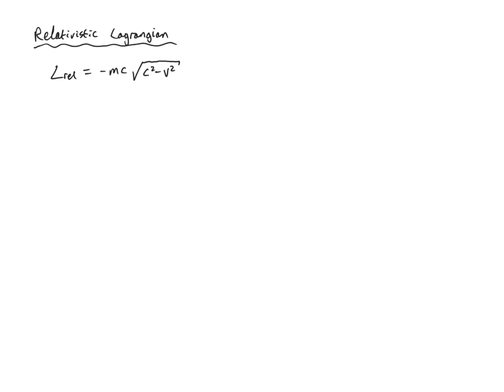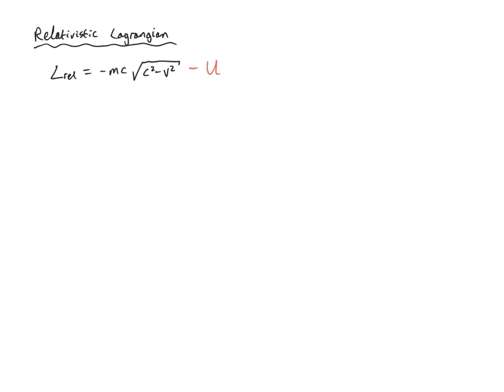So if you want the full Lagrangian, including forces due to potentials, then we simply have to subtract from this the potential. Let me call that u to avoid confusion with v being velocity here. So we simply take the relativistic Lagrangian of the free particle and subtract from it the potential to obtain the full Lagrangian.